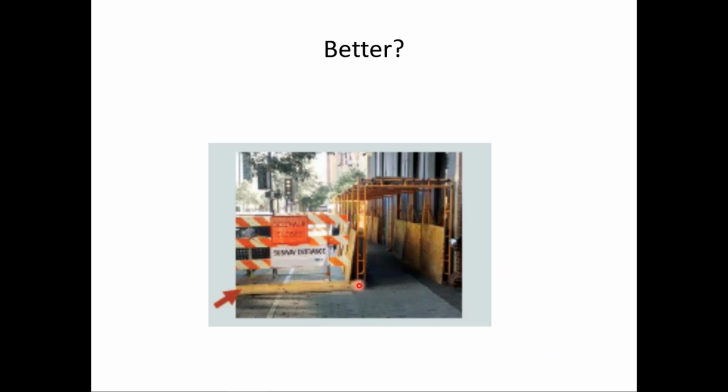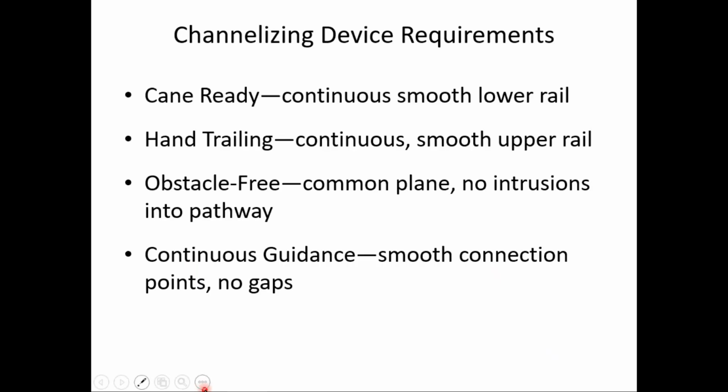So I think this is better. They have made that type 3 barricade now a detectable pedestrian channelizer. But of course, we don't want to take that out onto the roadway because that device with this bottom rail has not been tested for crashworthiness on the roadway. But in the sidewalk environment, that is one way to convert a type 3 barricade to a detectable channelizing device.